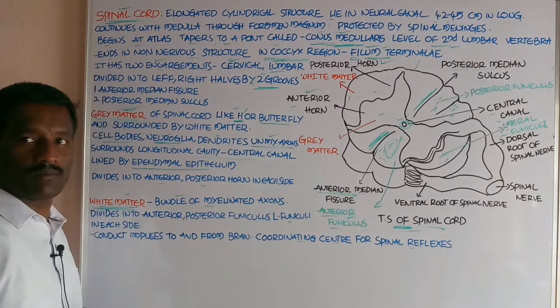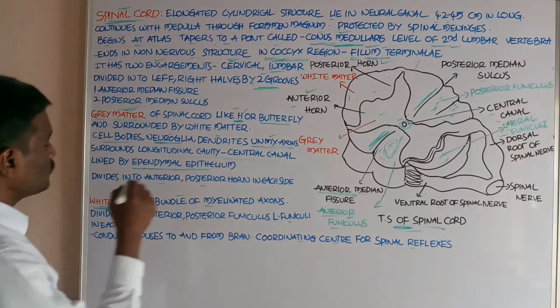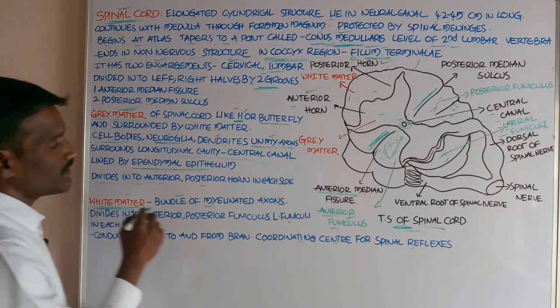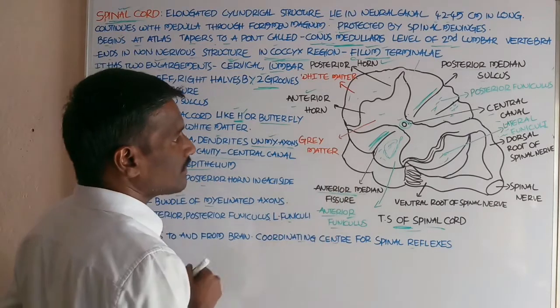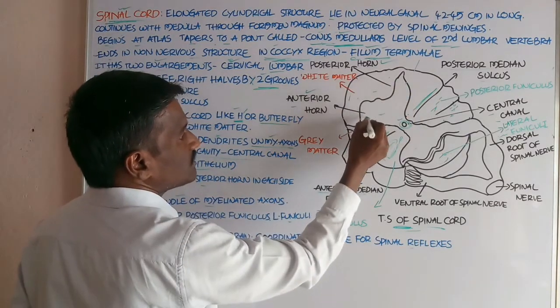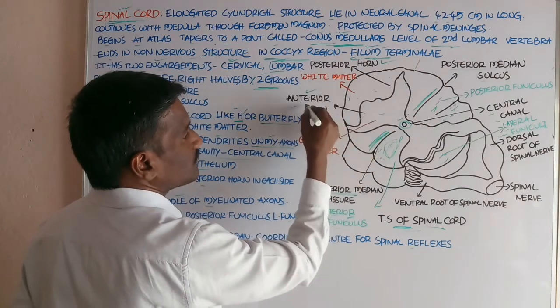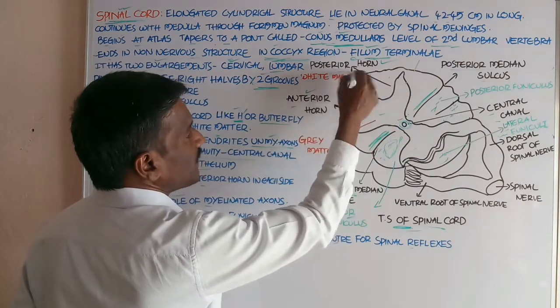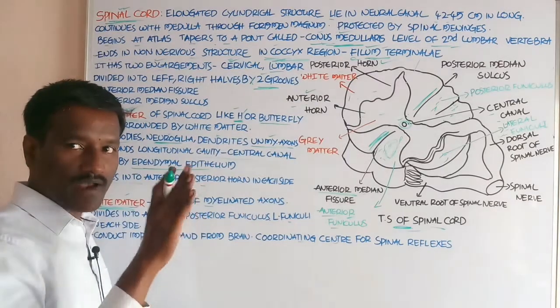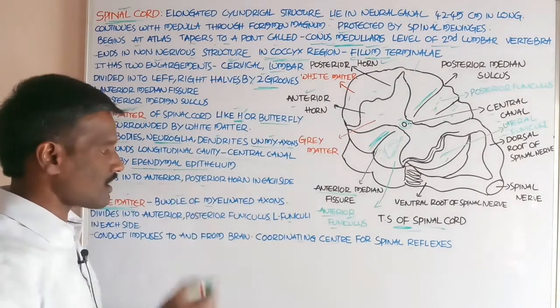The gray matter of the spinal cord on each side is divided into an anterior horn and a posterior horn.